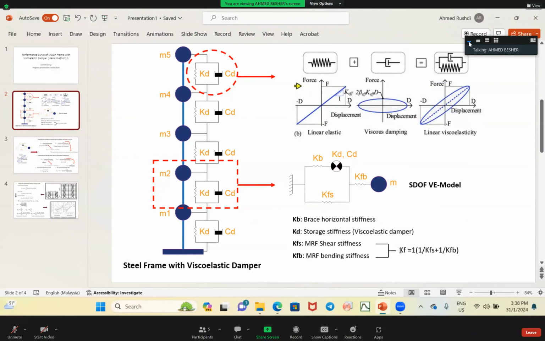So we can get the stiffness of the frame from this formula: 1 divided by (1 over K shear stiffness plus 1 over K bending stiffness).